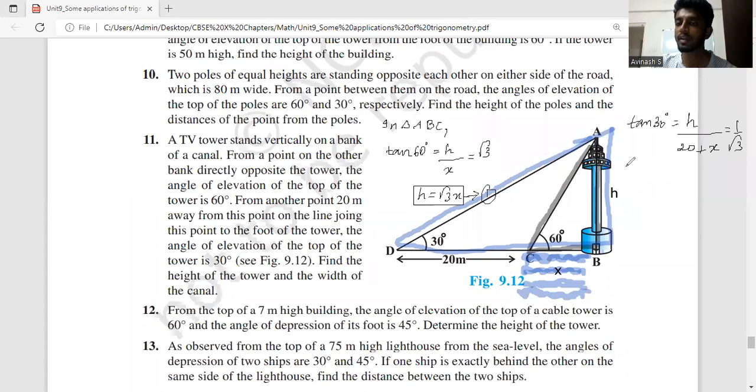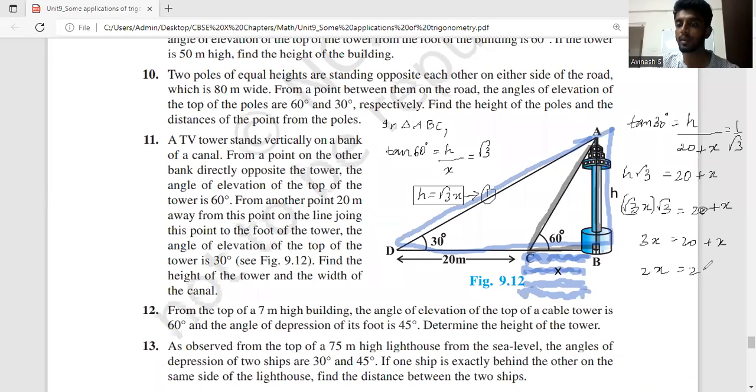Now when you cross multiply, this becomes H root 3 equals 20 plus X. Now, in the place of H, I can substitute root 3X from condition 1. And there is one more root 3 here, so you get 3X equals 20 plus X. X comes to the left side, gets subtracted.